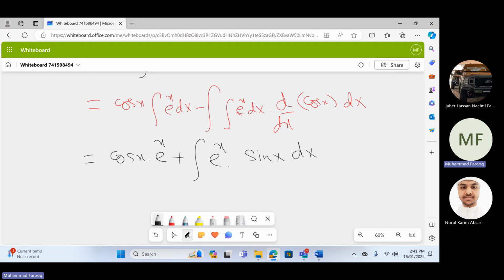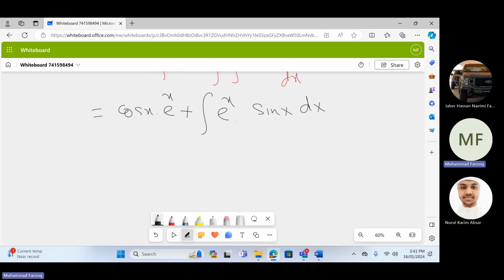That's why this sign changed. I already have a negative outside, so I make it positive. We apply integration by parts again, of course, with no other option. So now here we have e to the x cosine x, plus, how do I integrate this one?